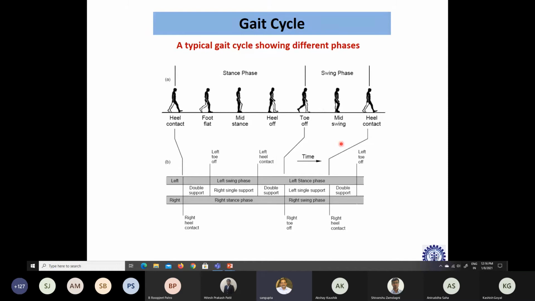There are a lot of forces of the muscles and joints that we will discuss and also calculate. But a very important part of the topic of biomechanics is a typical gait cycle with the different phases as presented in the figure.